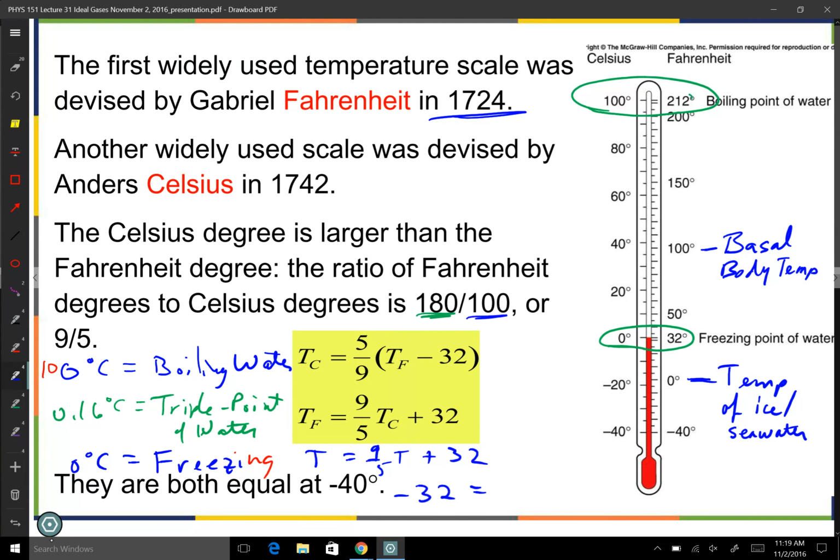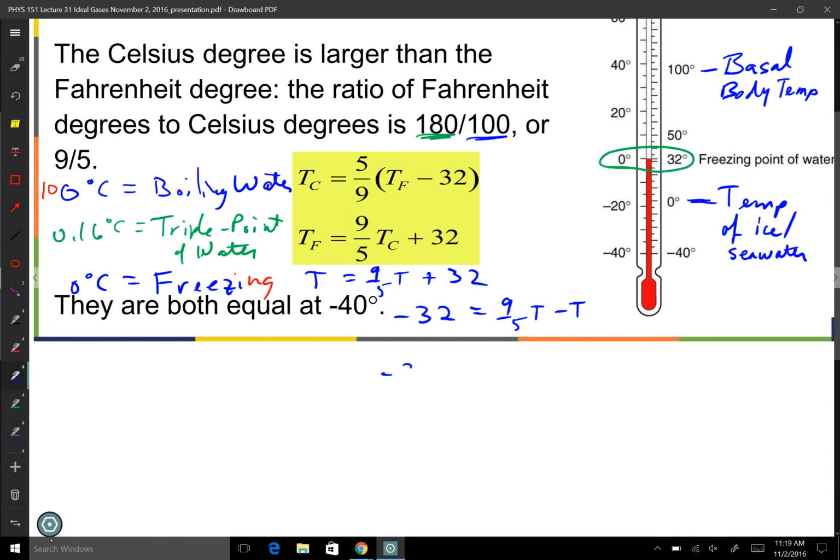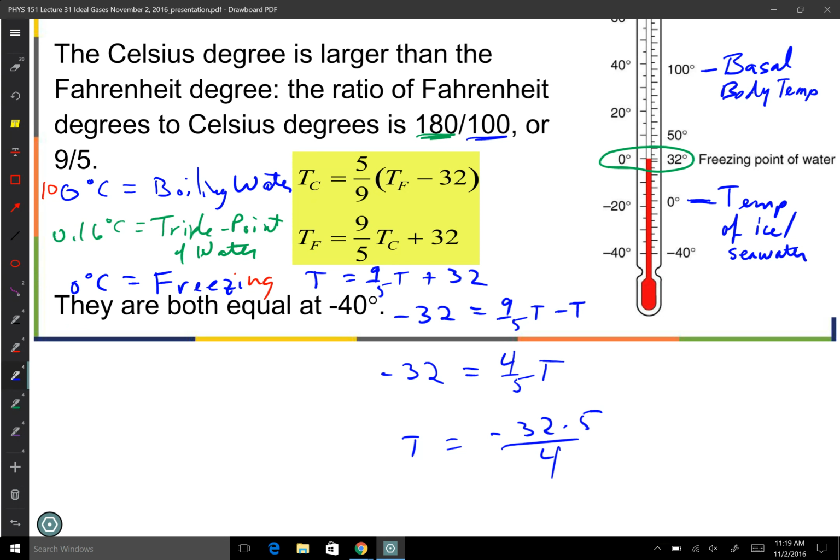Minus 32 is equal to 9/5 T minus T. 9/5 minus 1 is, of course, 4/5. 32 divided by 4 is 8. 8 times 5 is 40. So minus 40 degrees Celsius is the same as minus 40 degrees Fahrenheit.